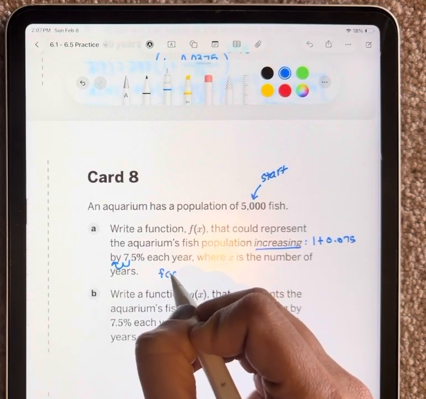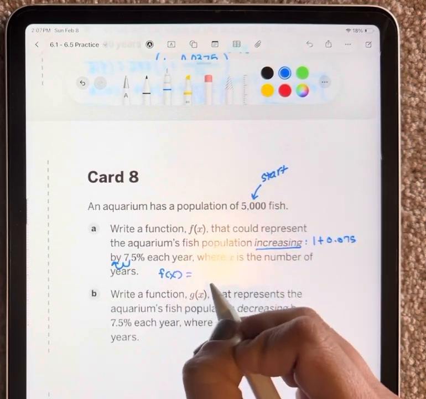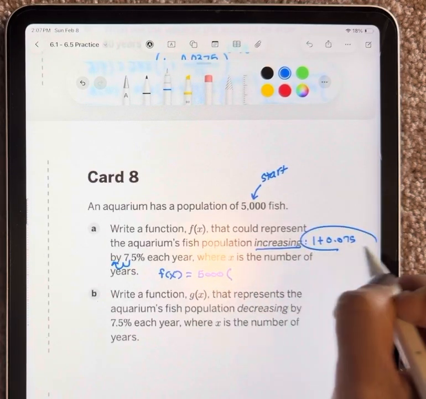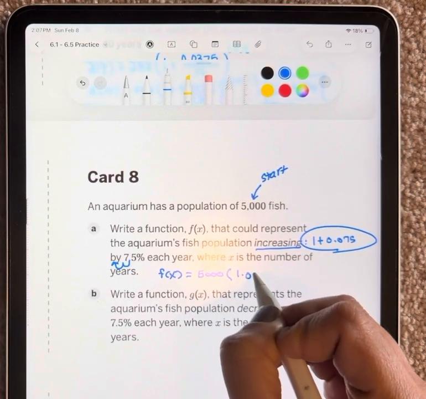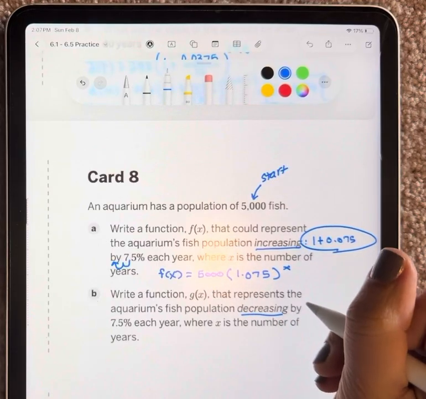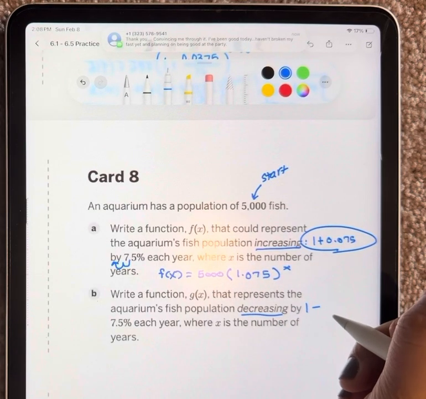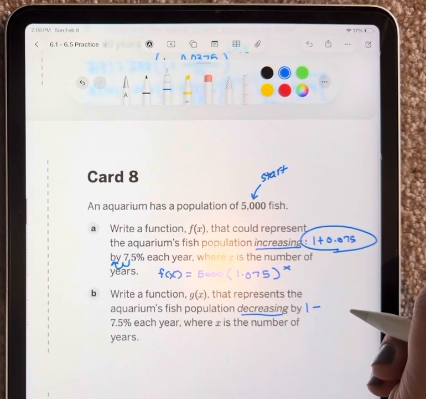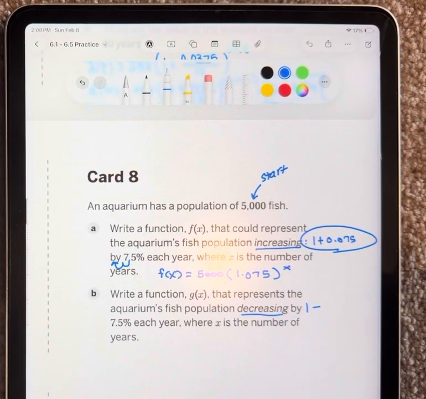It's f of x equals the starting amount times b to the x. That's it. Okay, let's write a function g of x that represents it decreasing. So now 1 minus whatever the percentage rate, same one.